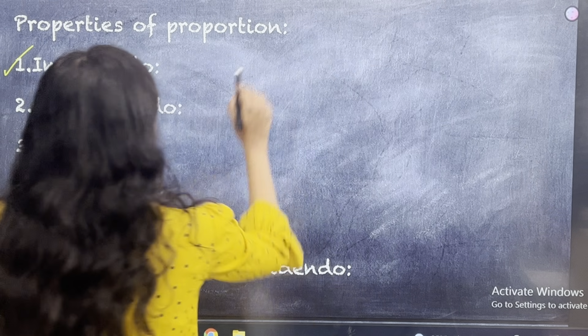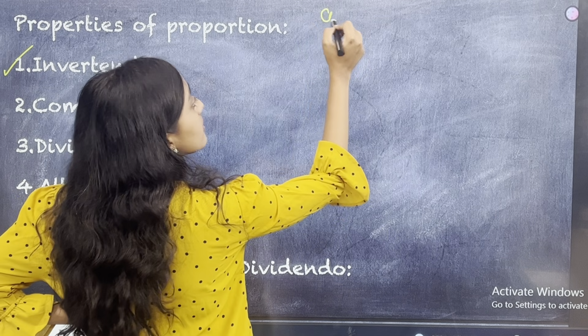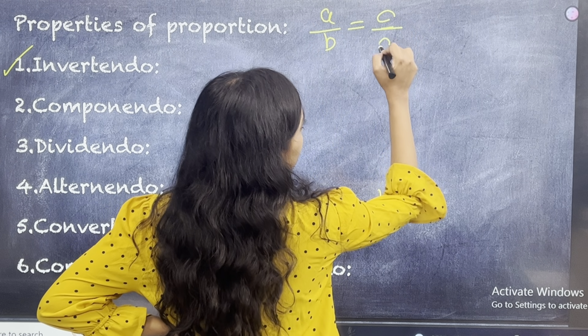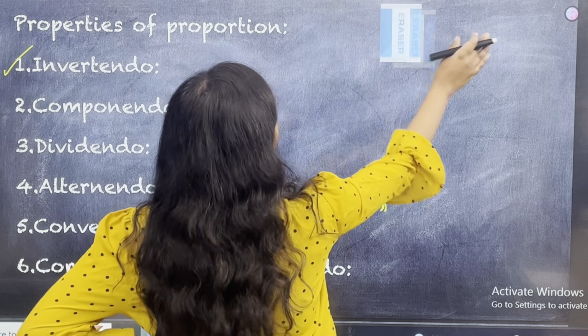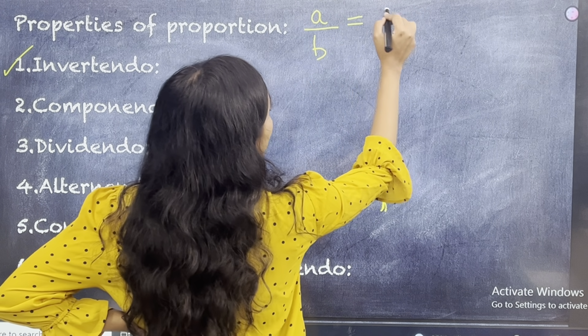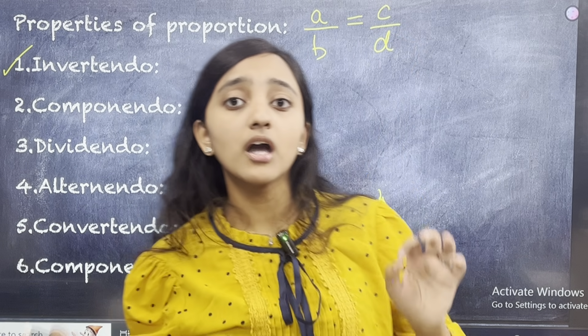First of all, I will tell you what base we are looking at. A by B is equal to C by D. This is the proportion which we are looking at.